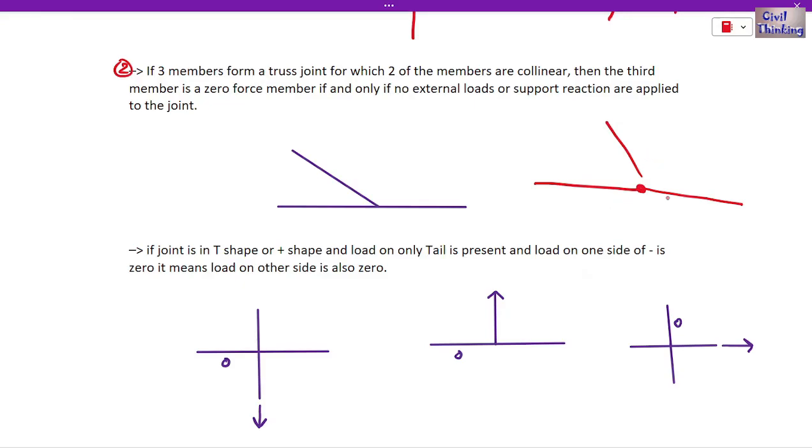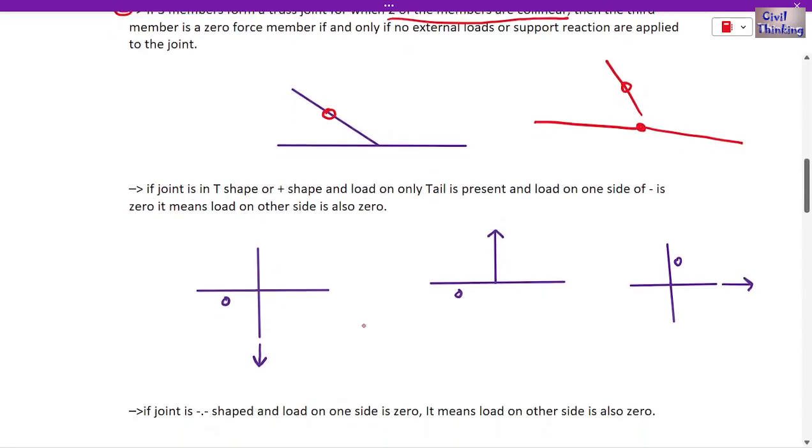When you have three members, and only two of them are collinear and another is not, and there is no applied load at the joint and no support, then this member is a zero force member.